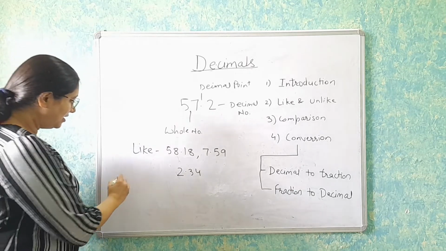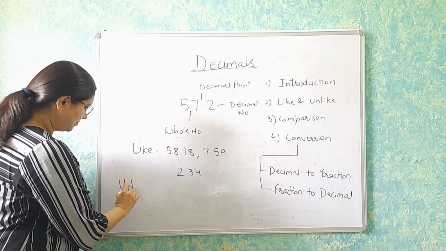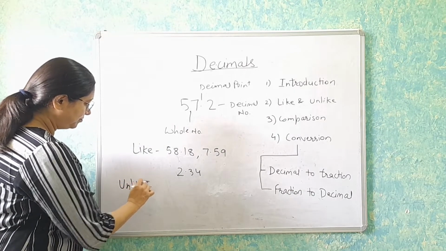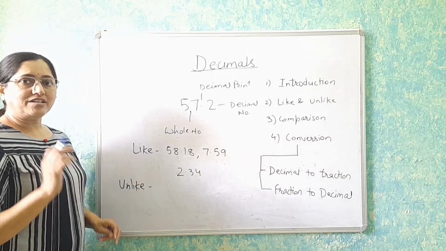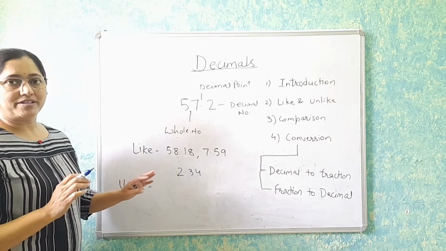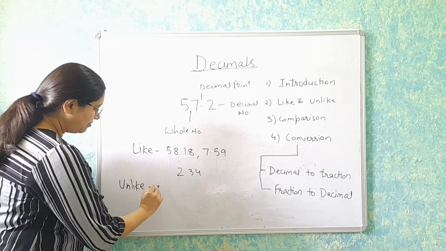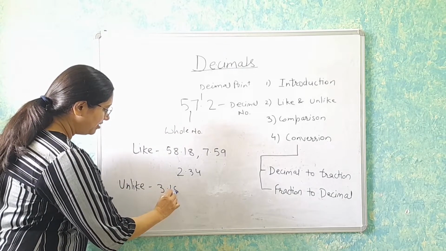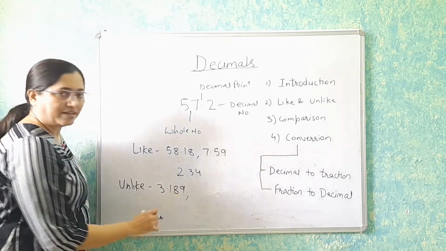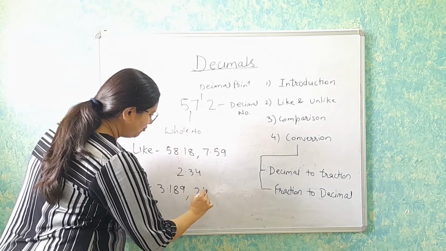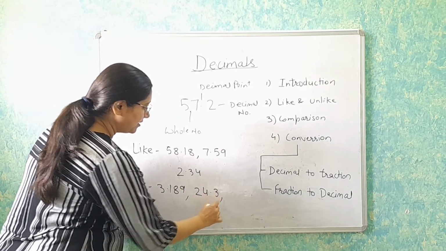Second one is unlike decimal. In unlike decimals, the number of digits in decimal parts are different. For example, 3.189. Second, 24.3.